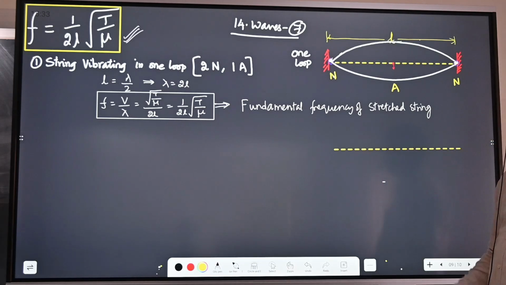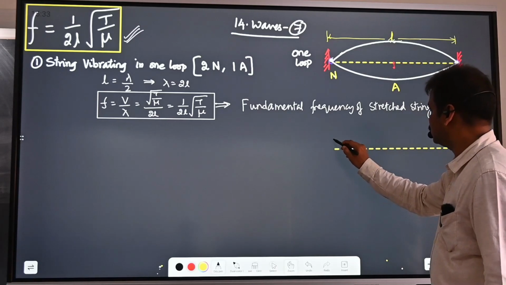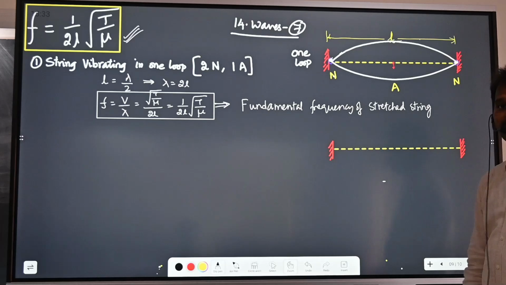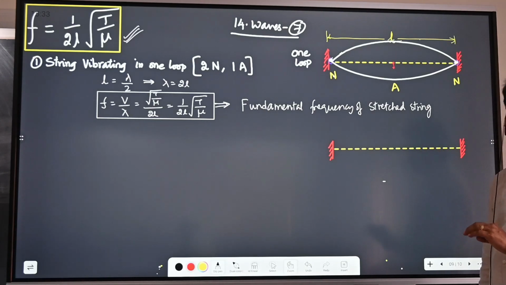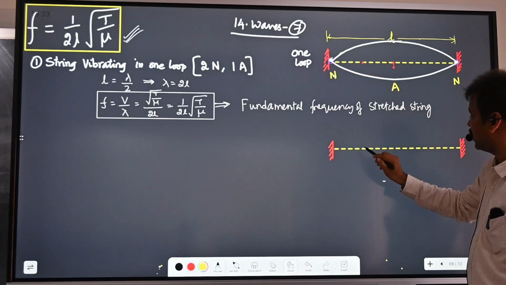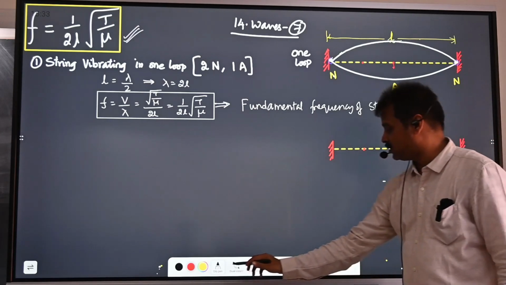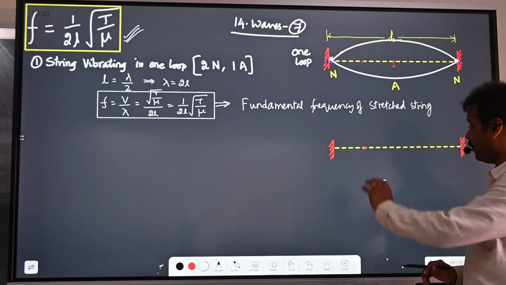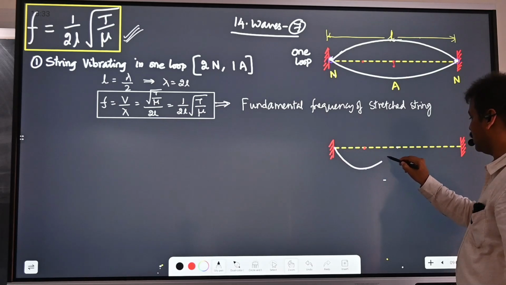There is no change in the length of the string, and this is the fixed end on the left side, fixed end on the right side, same string only, but I am not applying force on the string at the middle. I am not plucking the string at the middle, I am plucking it somewhere here, 1/4 of the length of the string. Then what happens, we will see. What happens? I am plucking here, the string will come down, now we will get a wave like this.